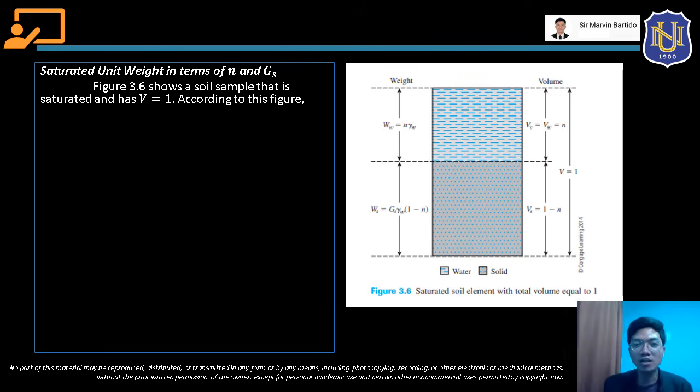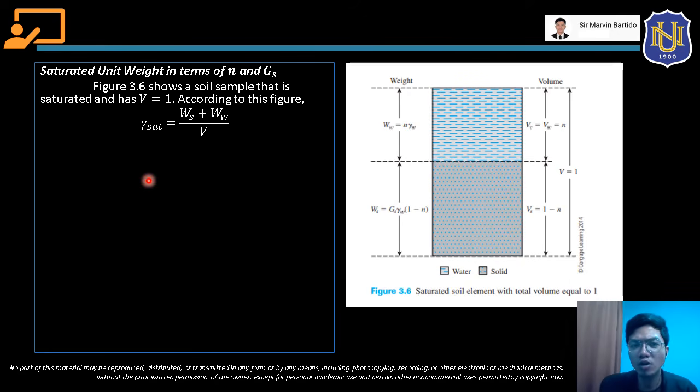From here, class, we can get the gamma saturated. Gamma saturated is just the weight of soil solid plus the weight of water over the total volume, wherein the total volume is the volume of soil solid plus the volume of water.